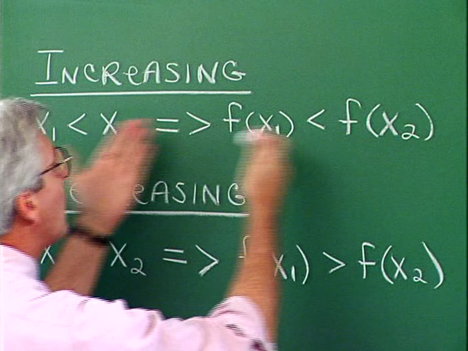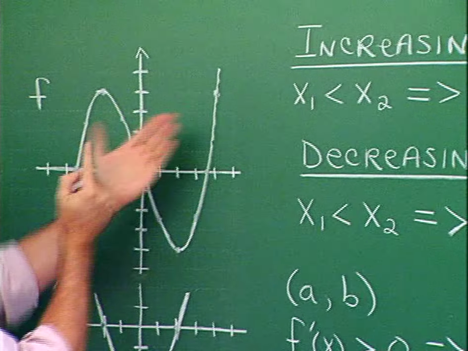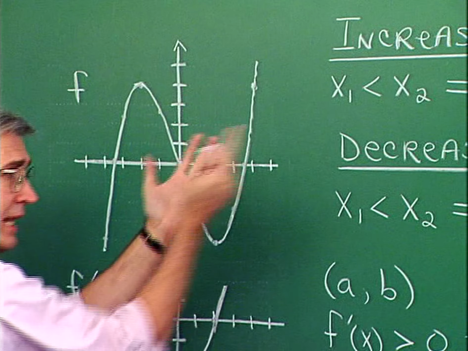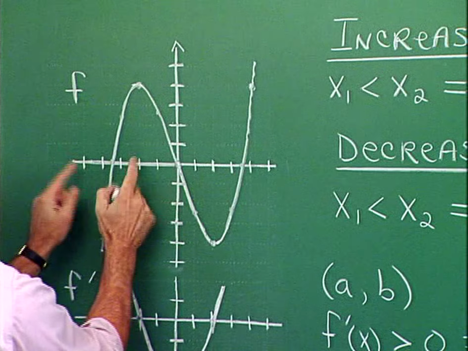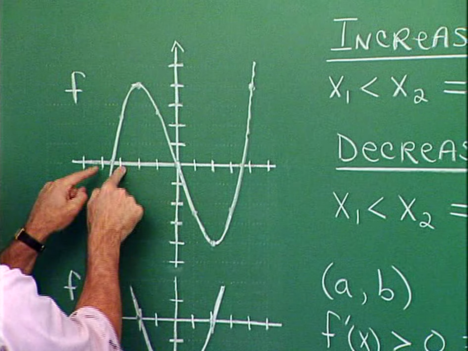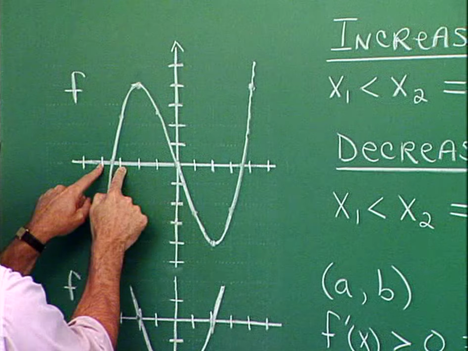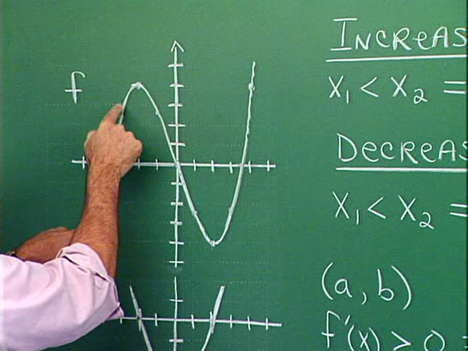Come back over to the graph. We're kind of defining it algebraically, and here we're increasing along this interval. If I choose an x1 that's to the left of an x2, f of x1 is below f of x2.